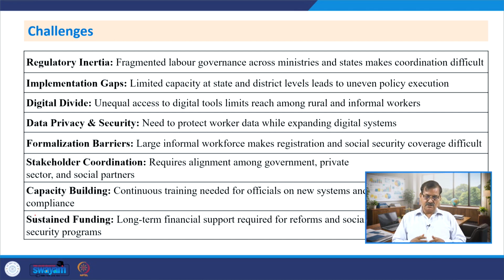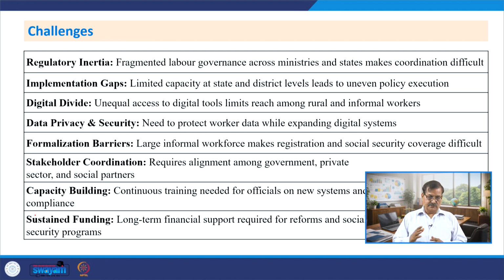So creating coordination, especially in fragmented labor market governance, is a big challenge. Then there are also implementation gaps. Limited capacity at the state and district level leads to uneven policy execution. In fact, many states also have fiscal constraints, so implementing comprehensive social security and other aspects of the labor market is also a challenge.